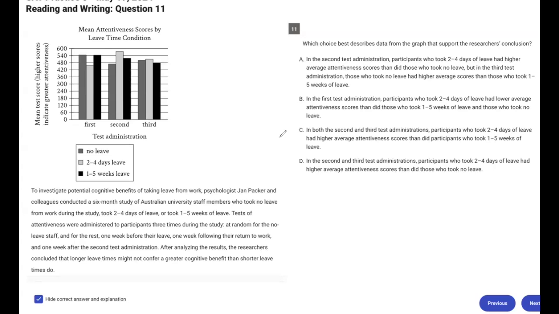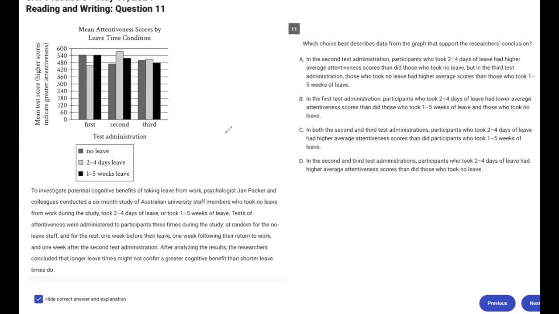To investigate potential cognitive benefits of taking leave from work, psychologist Jan Packer and colleagues conducted a 6-month study of Australian university staff members who took no leave from work during the study, took 2 to 4 days of leave, or took 1 to 5 weeks of leave.